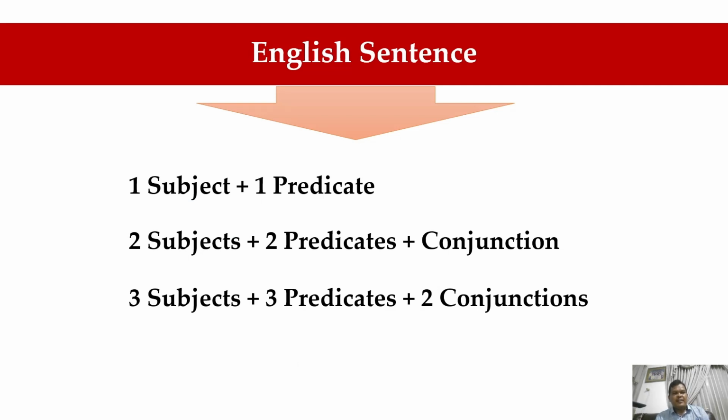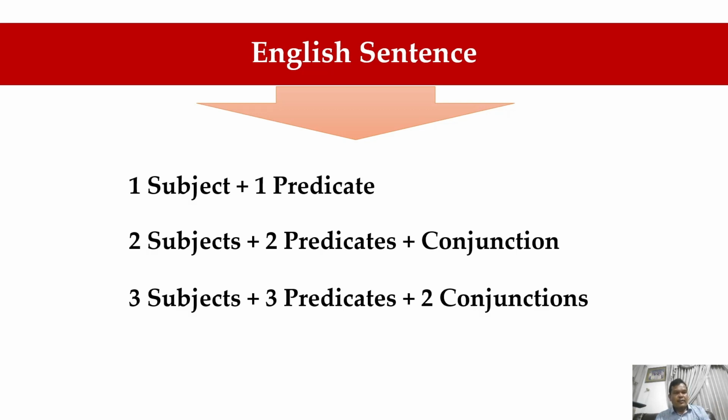Well, now, in English, a sentence can be a simple sentence. It means that it is composed of only one subject and one predicate. However, some other sentences can be composed of more than one subject. So you may have two subjects, two predicates, three subjects, three predicates, four subjects, four predicates, and so on. But when you have more than one subject, there's a condition in order to make your sentence grammatically acceptable.